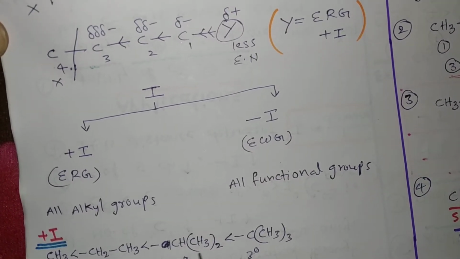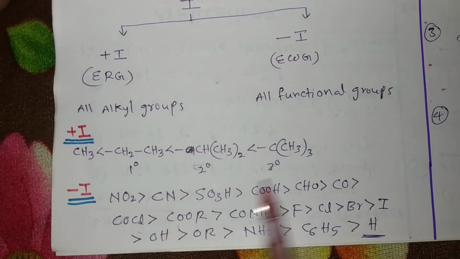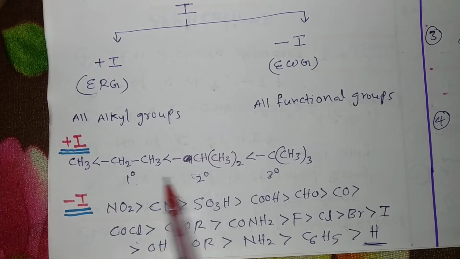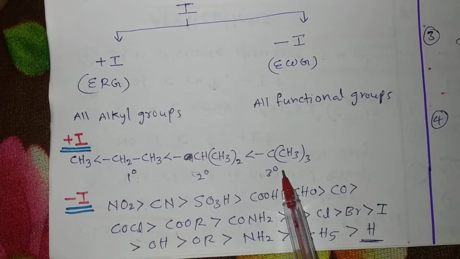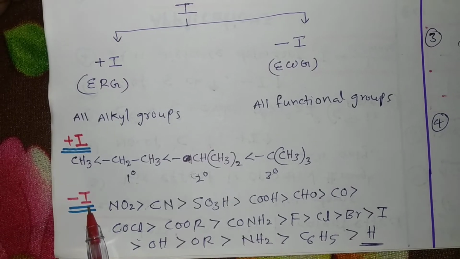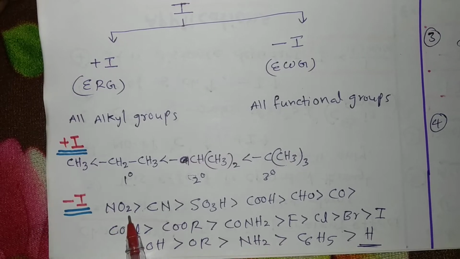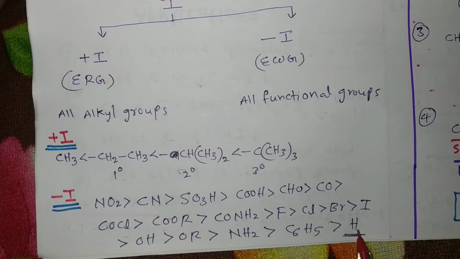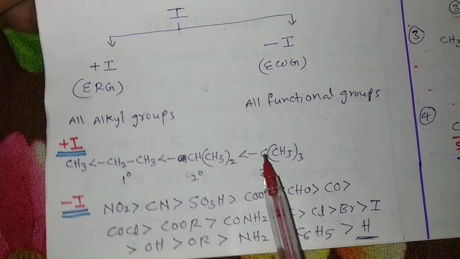This is the increasing order of the plus I inductive effect, so tertiary has the greater inductive effect. And the minus I order, the negative inductive effect order: NO2, CN, SO3H, and so on down to H. So this is the minus I order, and that is the plus I order.